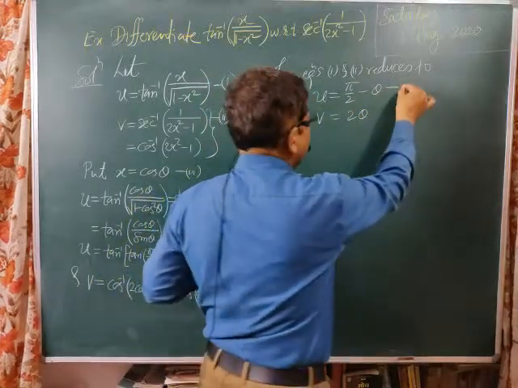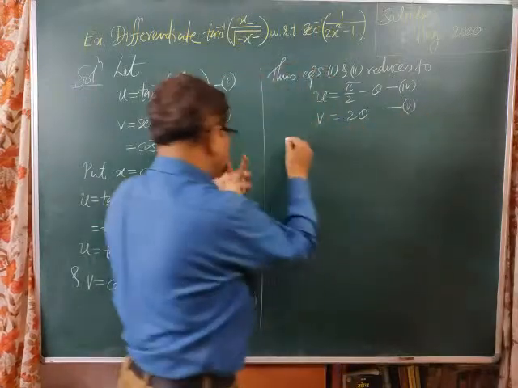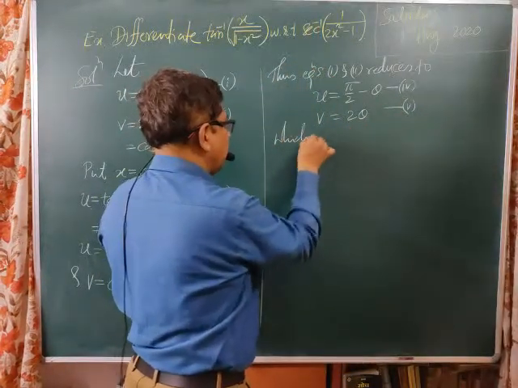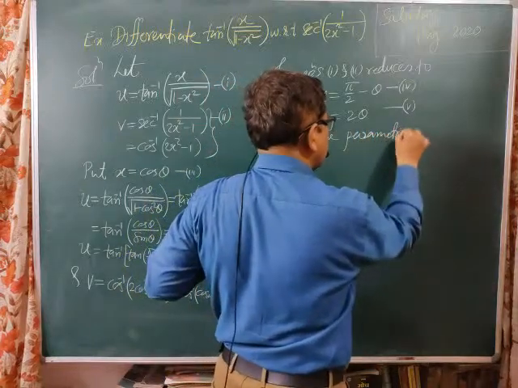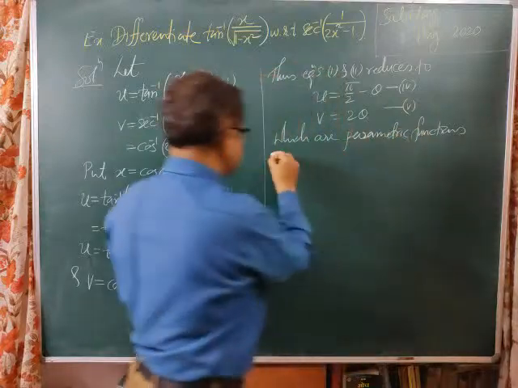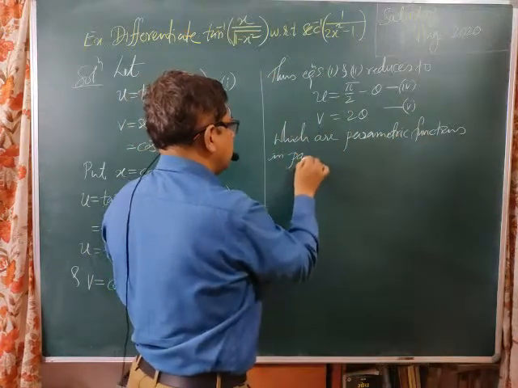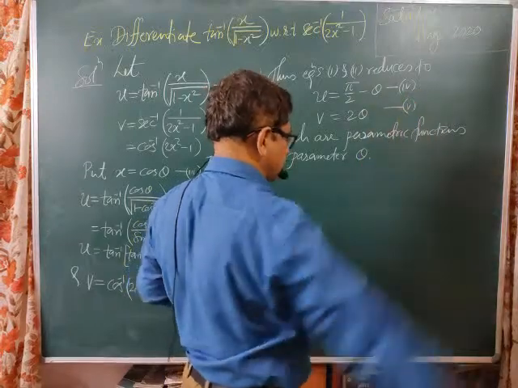This is 4 and 5, which are parametric functions in parameter theta.